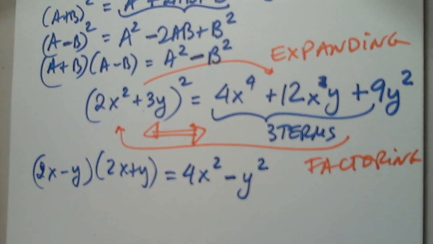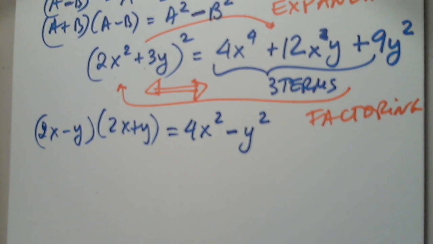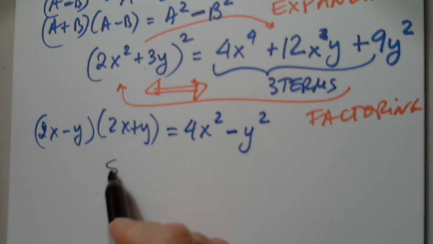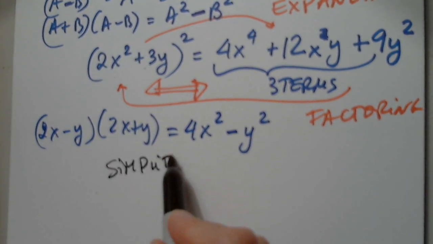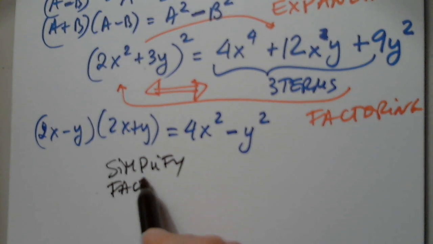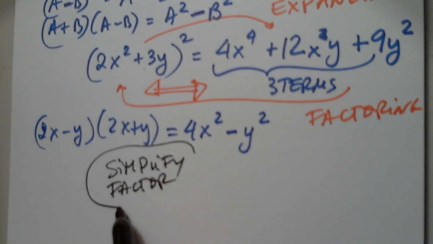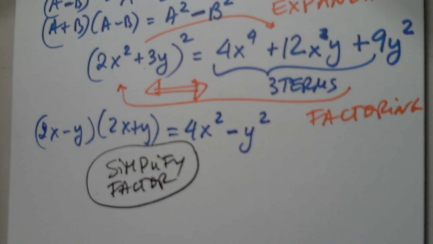Expanding, factoring. You will see how important these keywords actually are. So simplify, factor, these are keywords in math. We want to simplify always, and if factoring simplifies the problem, we should always factor.